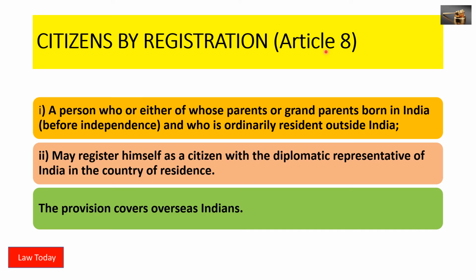Article 8 deals with the third category of citizens. According to Article 8, a person who or either of whose parents or any of whose grandparents was born in India, that is before independence, but who is ordinarily residing in any country outside India and Pakistan may register himself as a citizen of India with the diplomatic or consular representative of India in the country of residence.